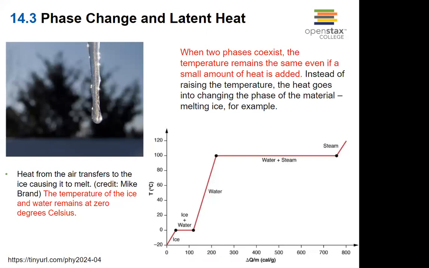Okay, so in that case, you are adding heat to the system, but the temperature of the system is not changed. Okay, so then that's one of the special cases compared to what we mentioned earlier for the heat capacity, where we say you will add heat to the object, then the object temperature will increase, right? But in this case, that's not true. Okay, so when you are having phase change, then the heat you added is just responsible for the phase change here.